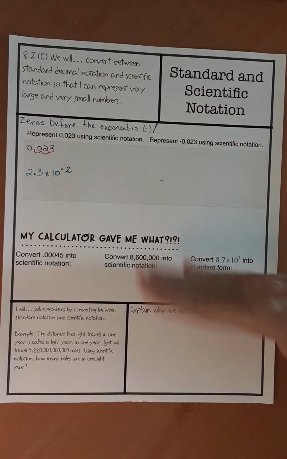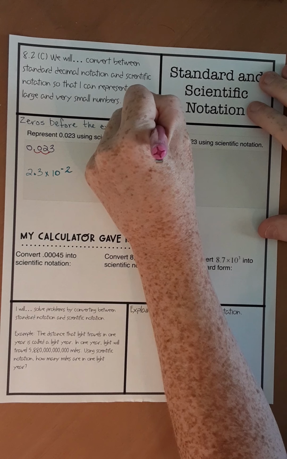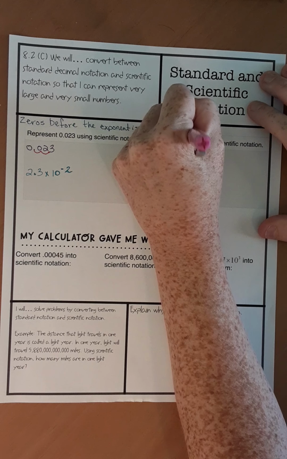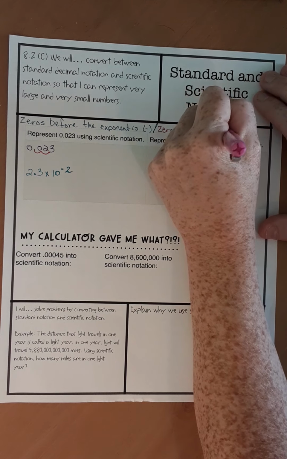If your zeros are behind your number in standard form, zeros behind, then the exponent is positive.